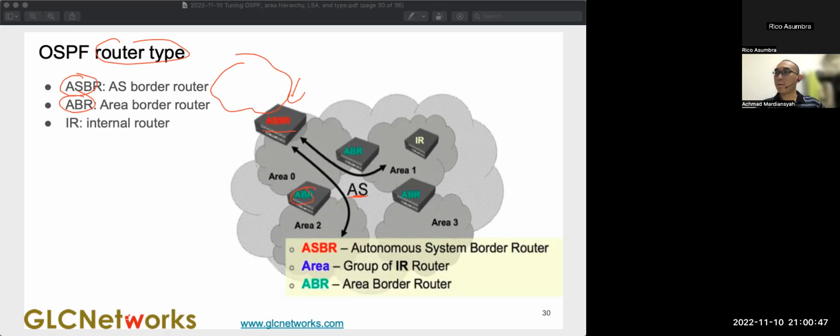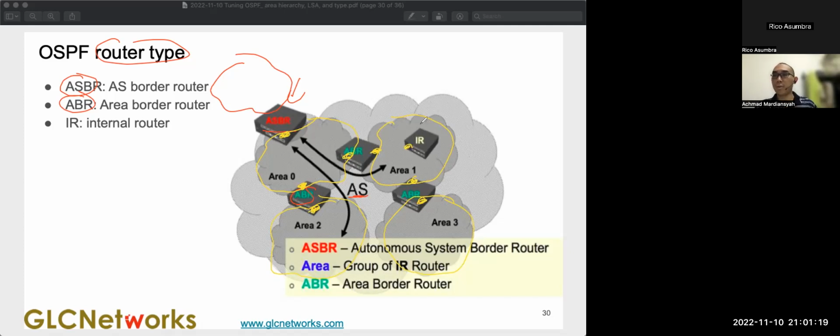Because you have area 0 here, and then here you have area 1, here you have area 2, here you have area 3. So here you have an interface over here, an interface here, here, and here.